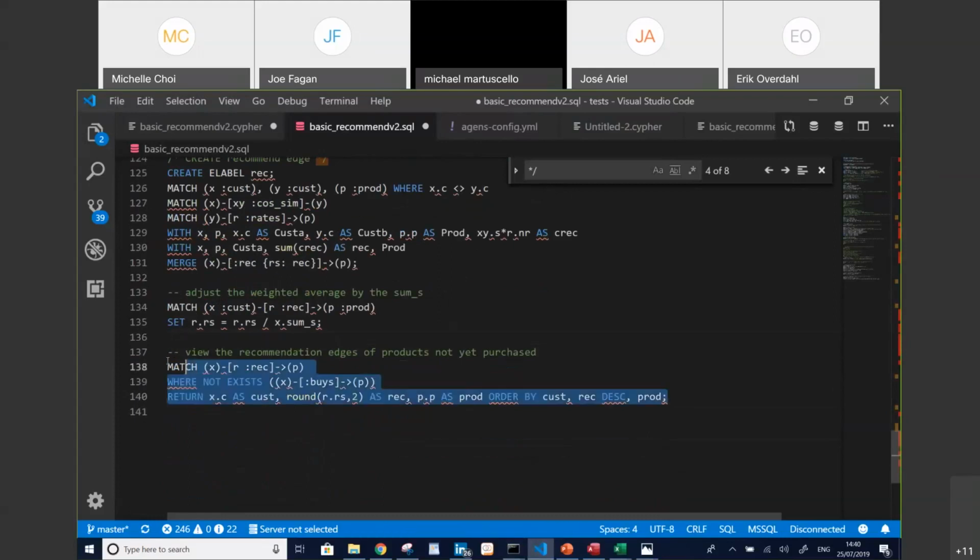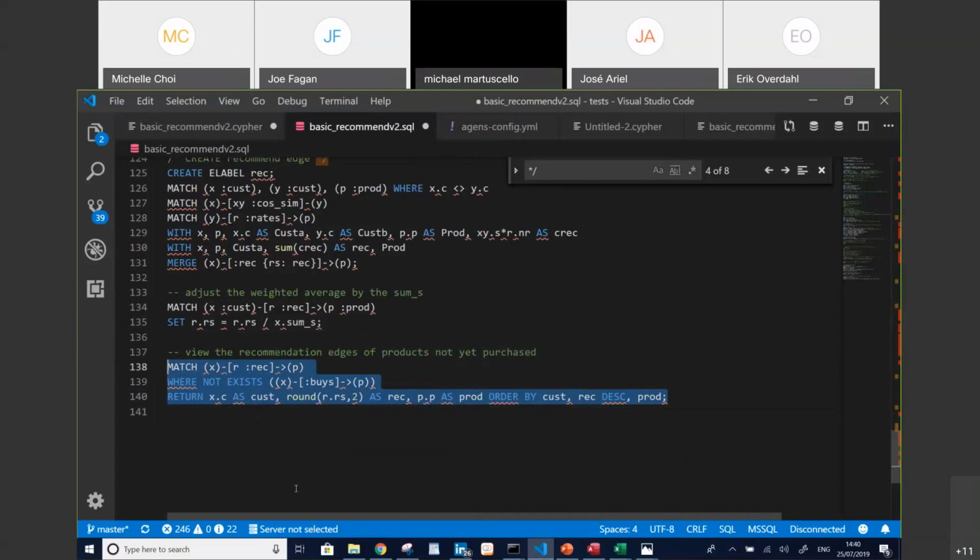And here now I can view the recommendation edges of the products that are not yet purchased. So I'm saying here, find me where a customer has a recommendation for a product and he has not bought the product, where not exists this relationship. And then return, I'm going to have 3 columns: customer, the recommendation rounded to 2 digits, and the product, and order it in this way.